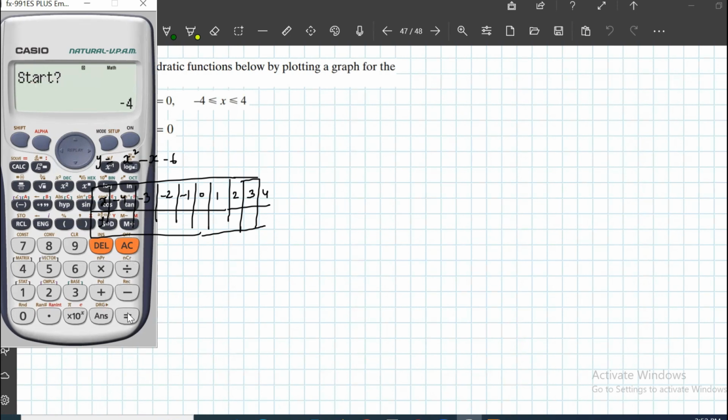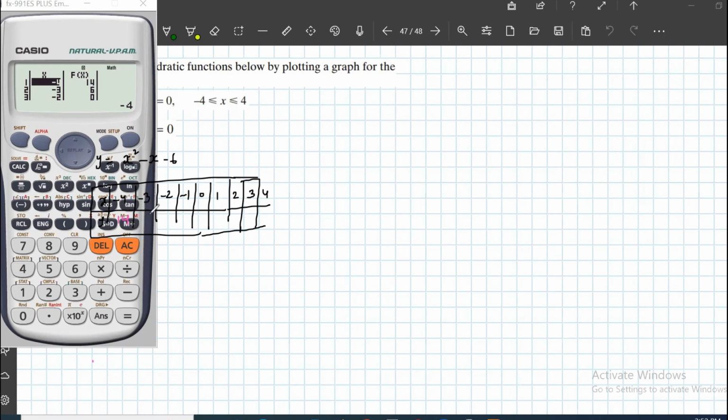So start is minus 4, end point is 4, and then step is 1, which gives us 14. So the first value is 14. At minus 4 it is 14.